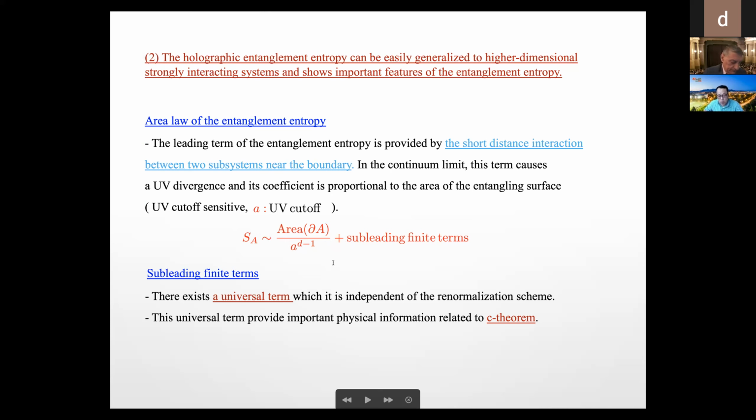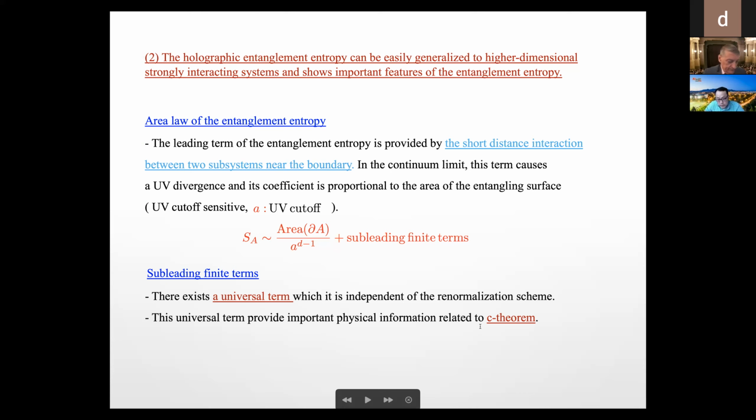However, there exists a universal term in the subleading finite term which is independent of the renormalization scheme, and it gives important physical information.